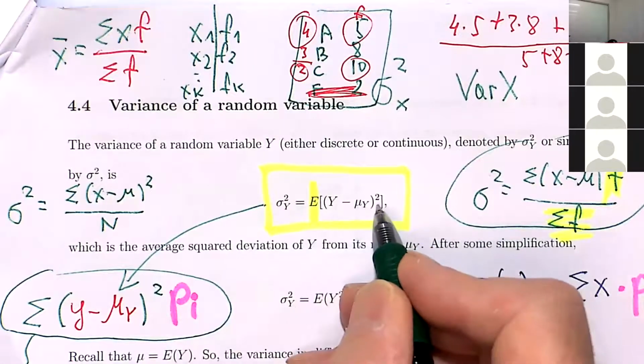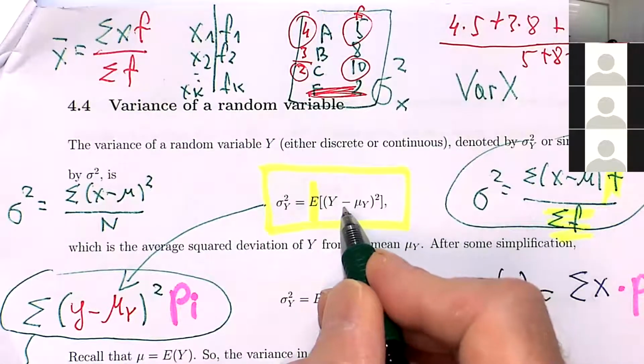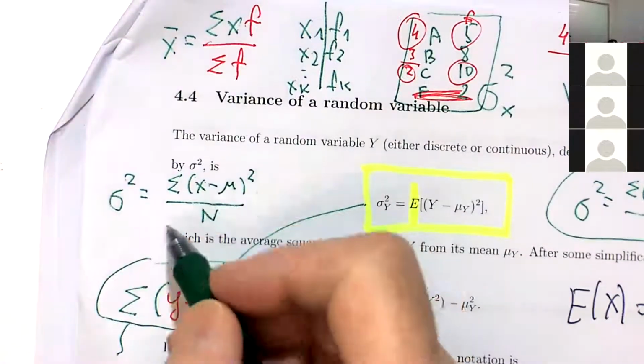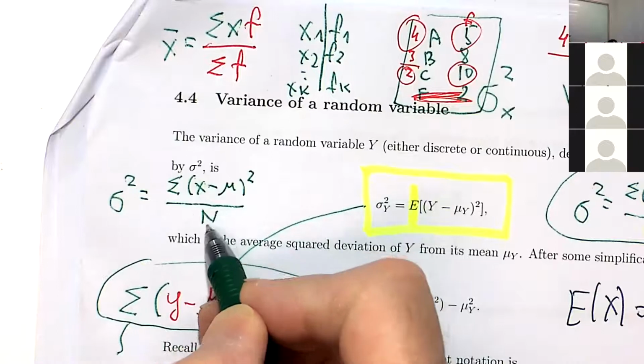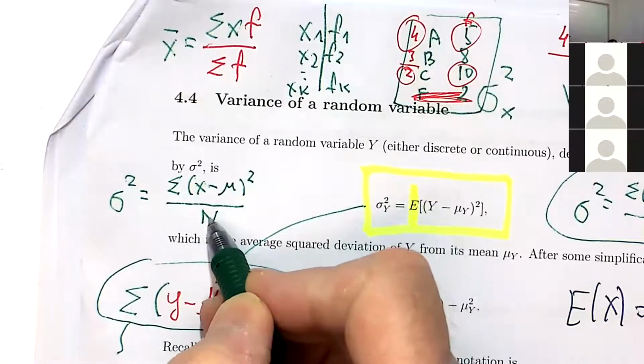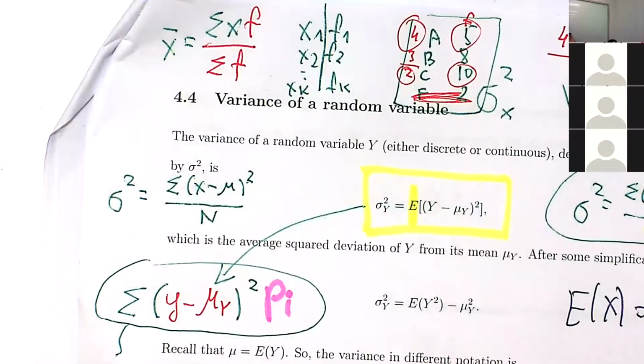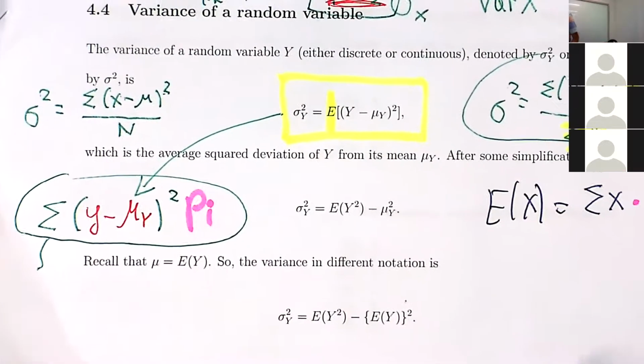So this is the same as here. When you divide by n, it is the average. So the average of the squared deviations, this is the variance.